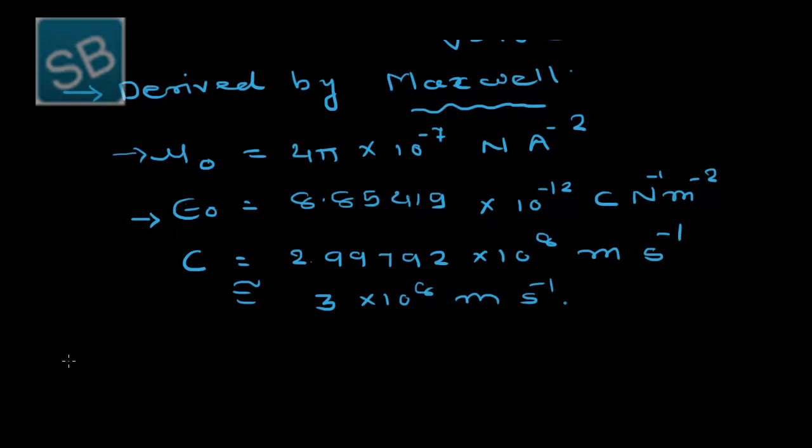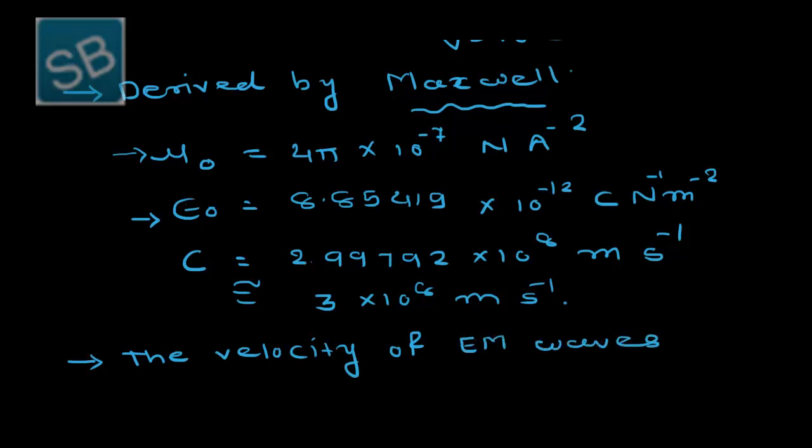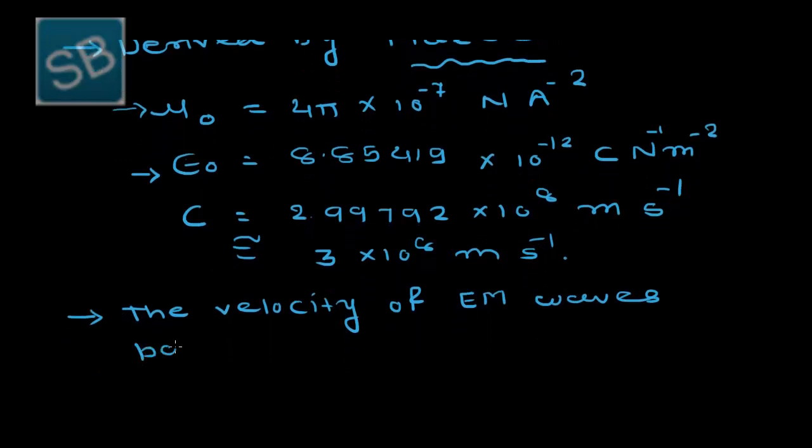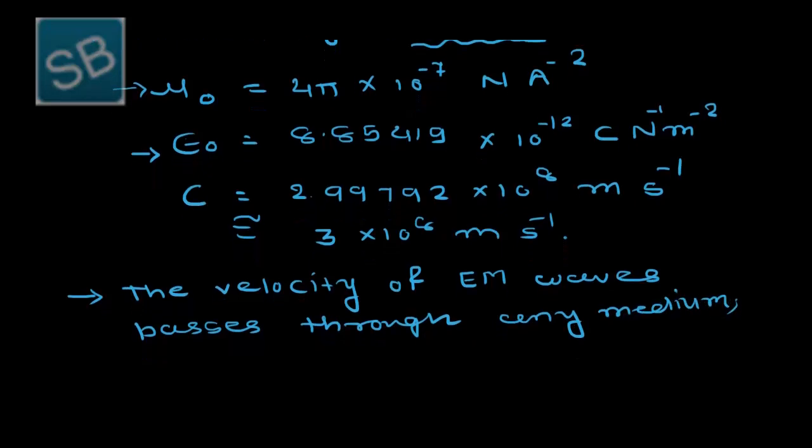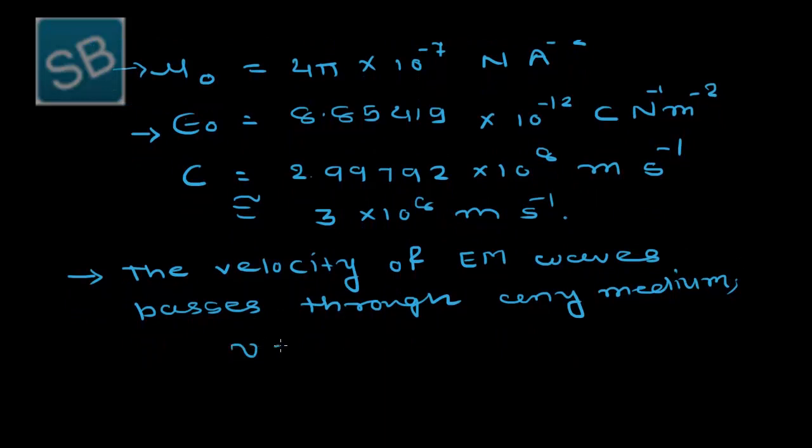That means the velocity of EM wave that passes through any medium is given by V is equal to 1 over under root of mu epsilon.